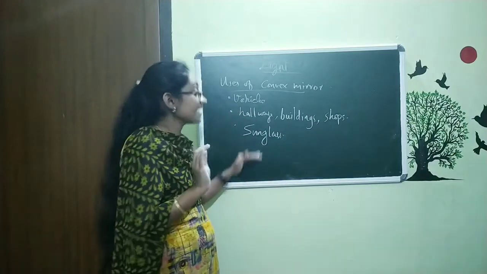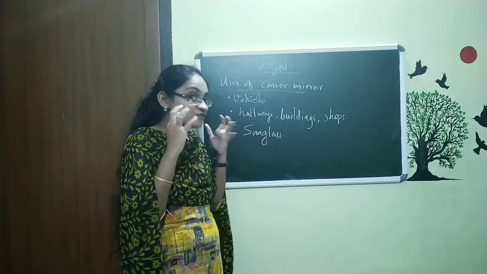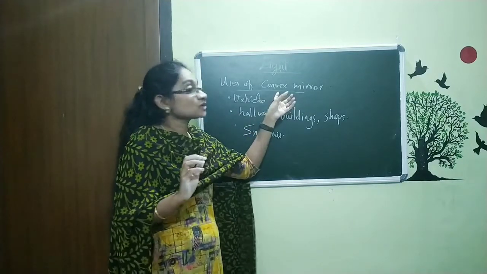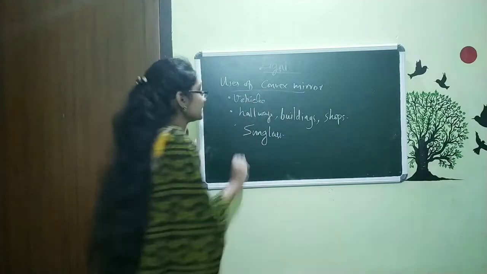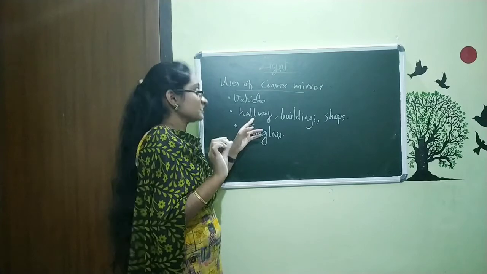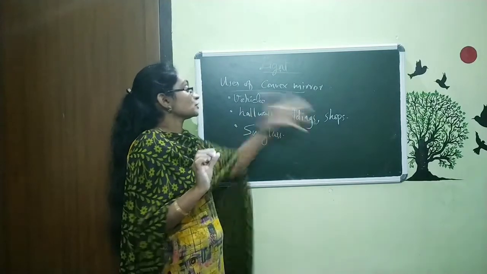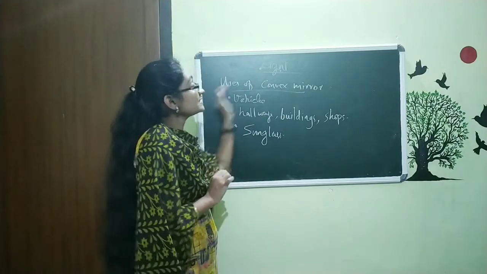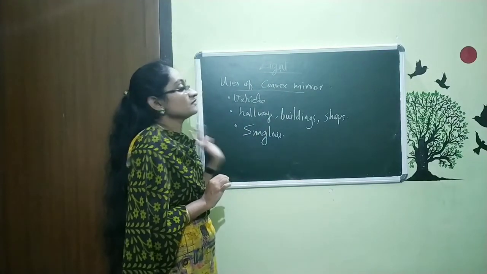That means the light is getting away from our eye when we are using sunglasses with a convex mirror. So generally we use convex mirrors in sunglasses, and also in hallways, buildings, shops and vehicles. So these all are the uses for the convex mirror.